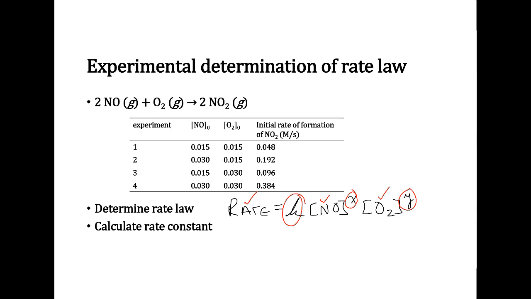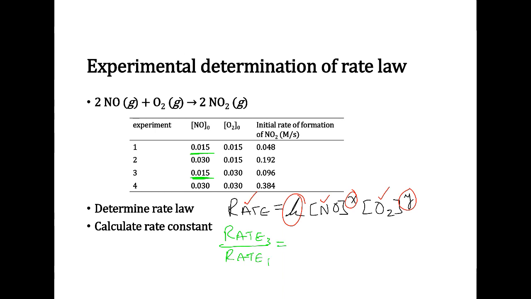So what you're going to want to do is compare things where the concentration is staying the same. So you might want to compare rate 1 with rate 3. Okay? So we would have rate 3 over rate 1.